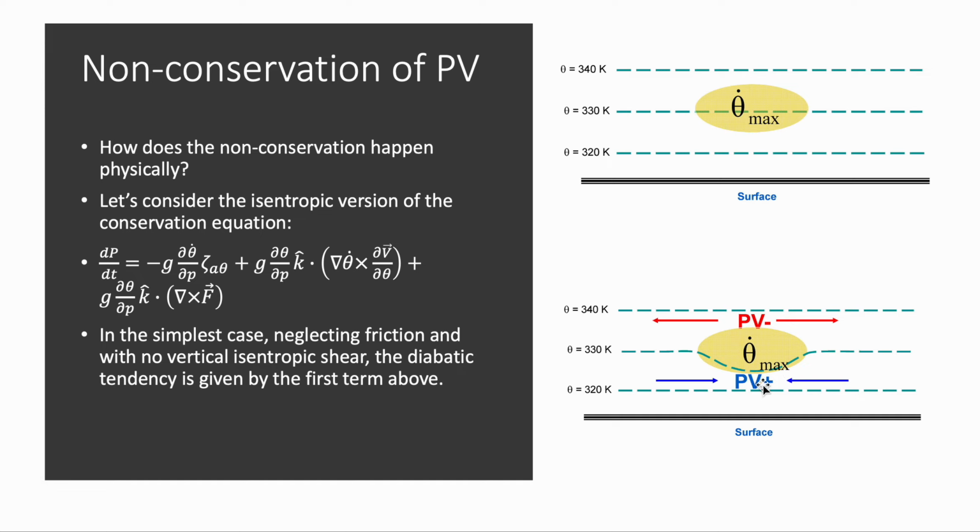But this means that this term over here will have two different contributions. We'll have a positive contribution over here and a negative contribution over here. So if you have the release of some kind of heating at some point, this will lead to the local generation of positive potential vorticity below and negative potential vorticity above.